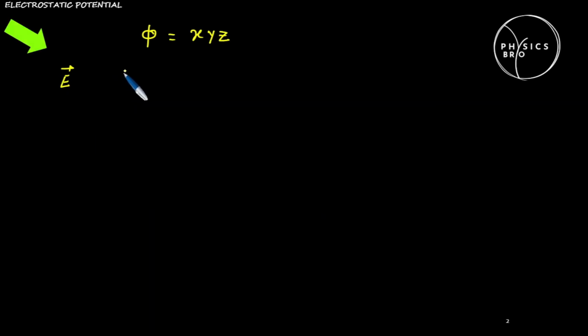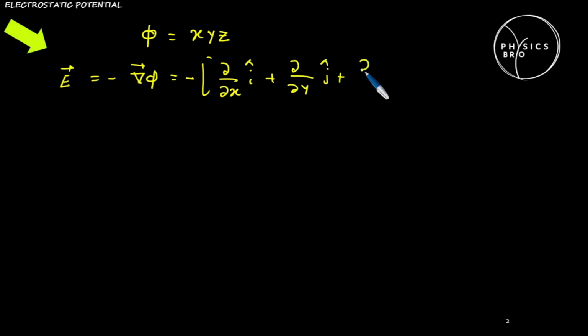Physically possible or not, we are just here for calculation of electric field from phi. So E equals, by definition, minus grad phi, and how will we calculate grad phi? The definition of grad is del by del x of i cap plus del by del y of j cap plus del by del z of k cap, and there is a phi.